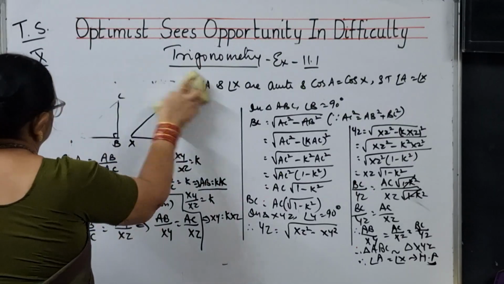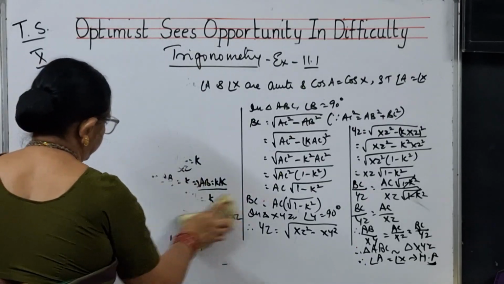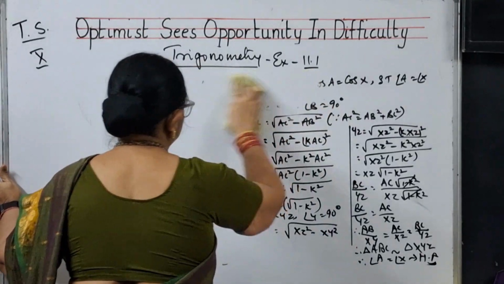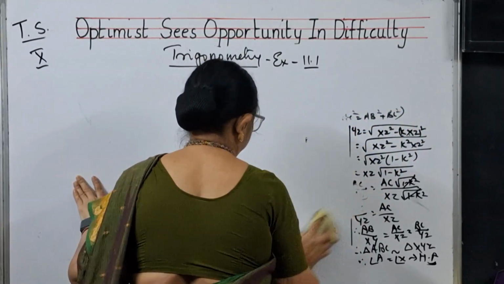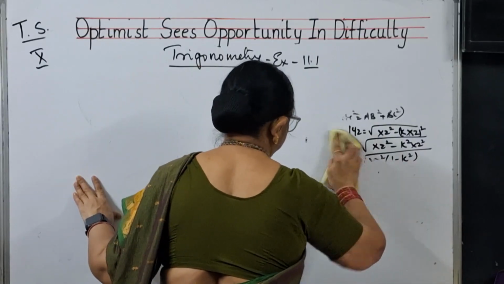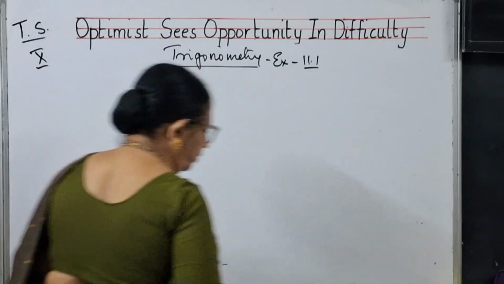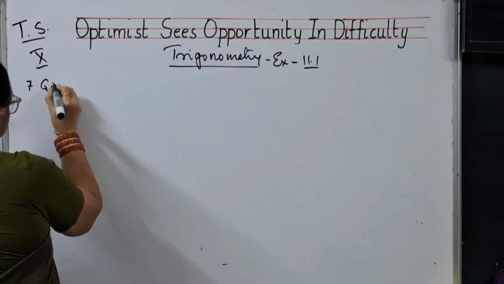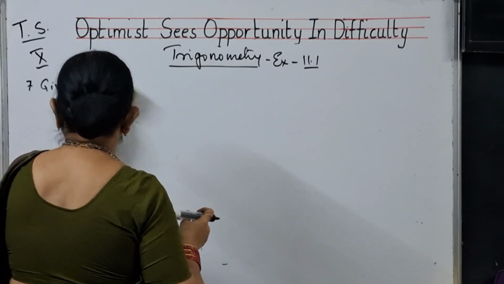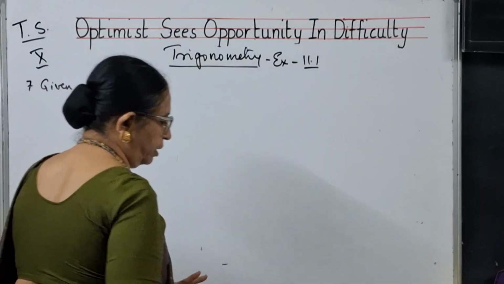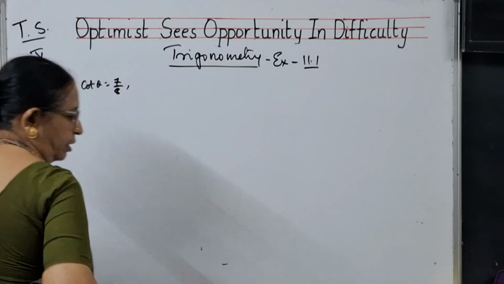Now I will see the seventh one. Seventh problem. Given cot theta is equal to 7/8.